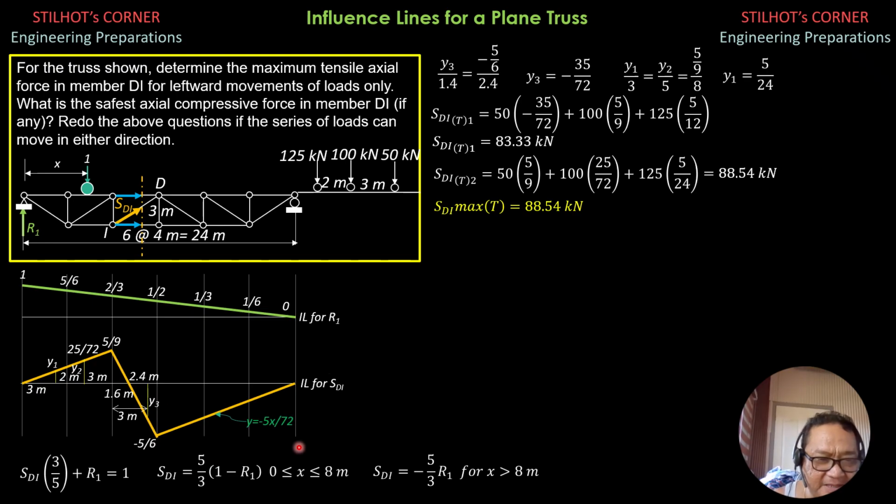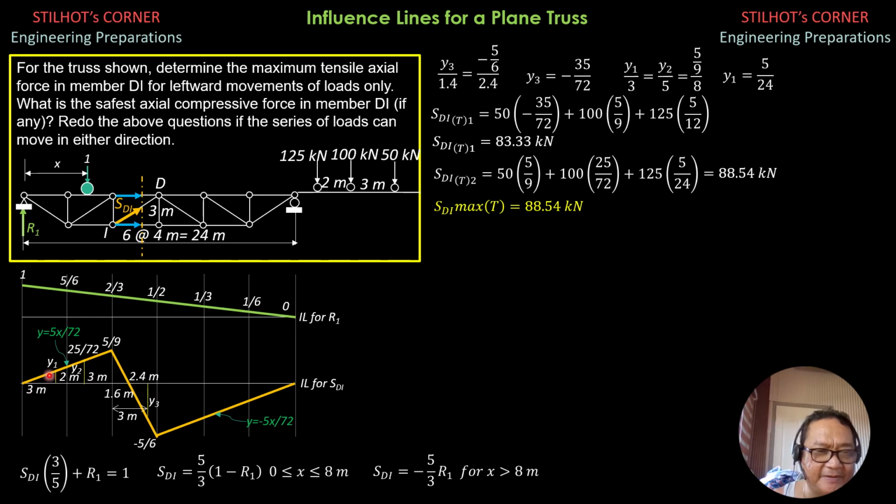So this line has negative slope, negative 5 over 6 divided by 12, that's also negative 5 over 72. So the equation of this line is negative 5 over 72x, that's the origin, while this one is positive 5x over 72. This is the origin.